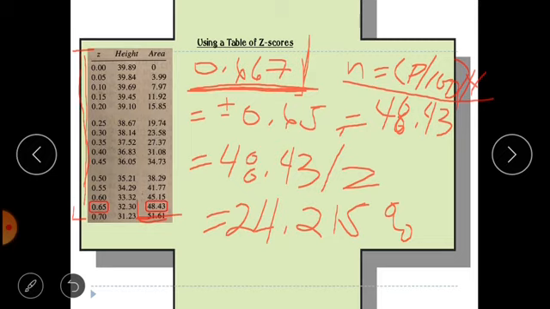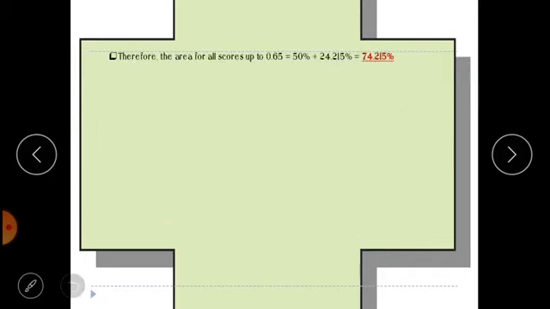So, yung area for all the scores natin, kunin natin yung less than 0 is half, which is 50% of the distribution, no? Therefore, yung area for all scores up to 0.65 is equal to 50% plus yung 24.215% is equal to 74.215.